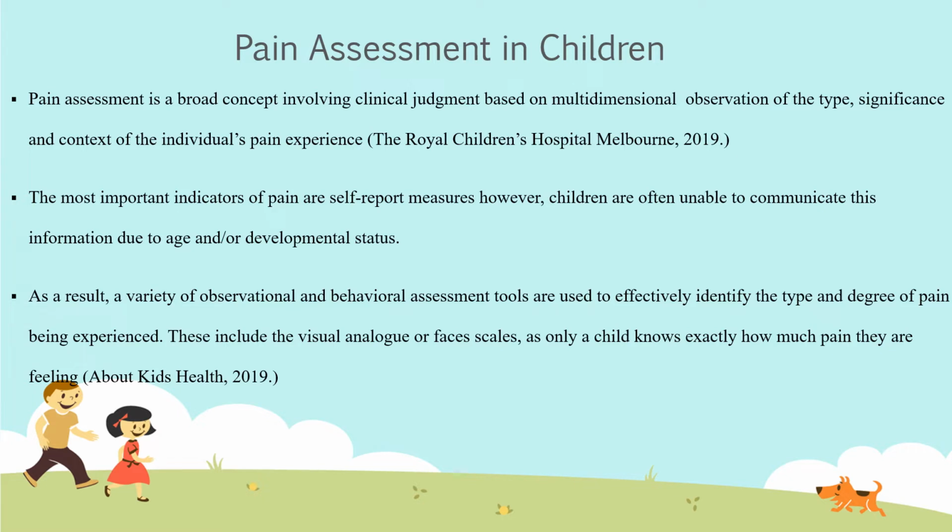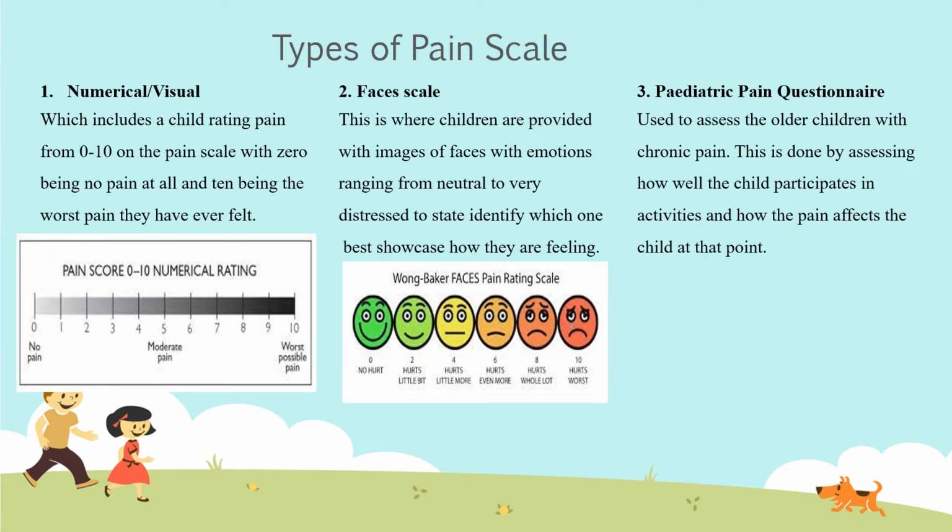As a result, a variety of observational and behavioral assessment tools are used to effectively identify the type and degree of pain being experienced. These include the visual analog and faces scale, as only a child knows exactly how much pain they are feeling.